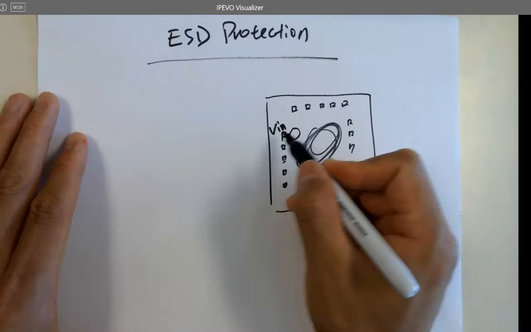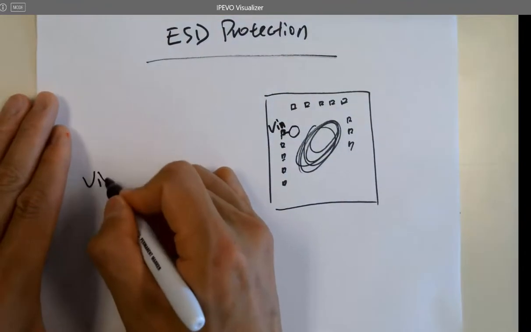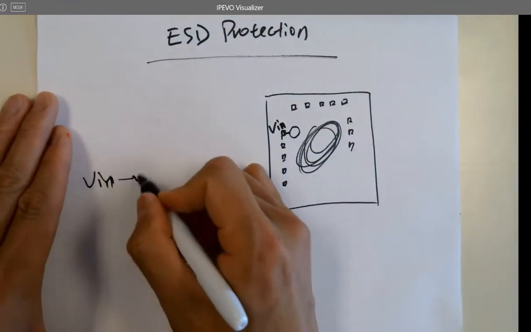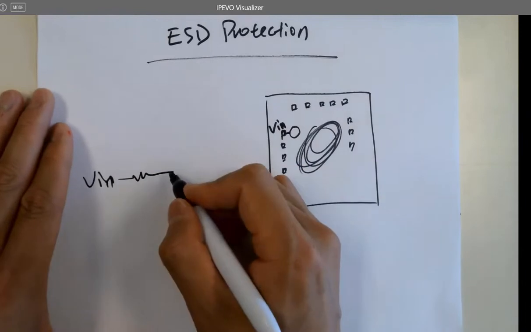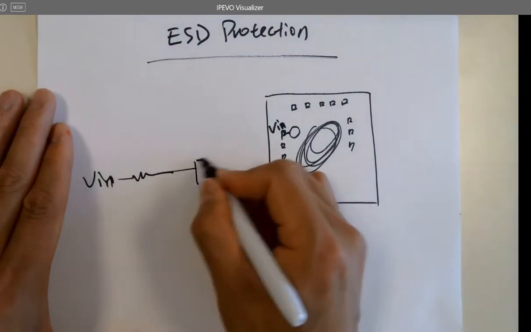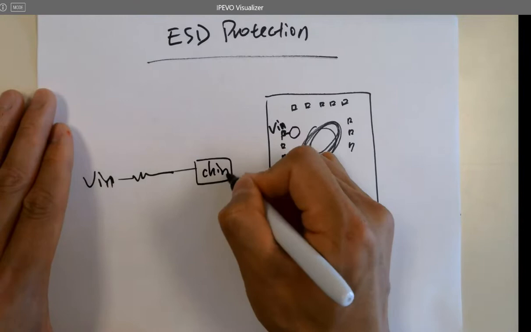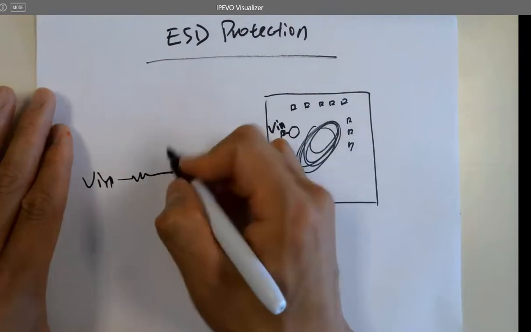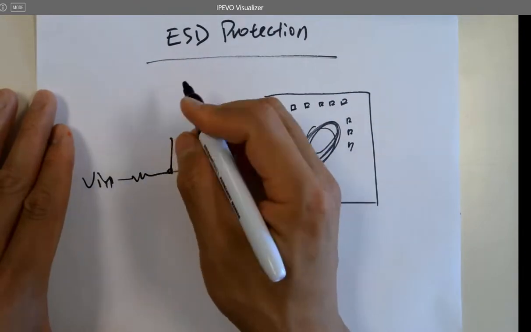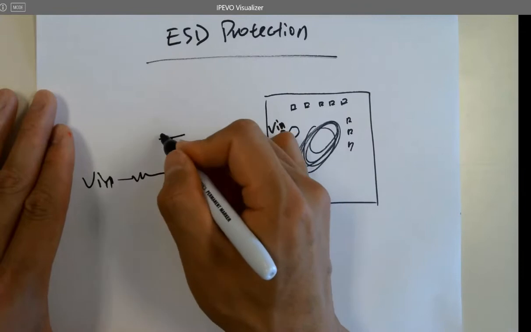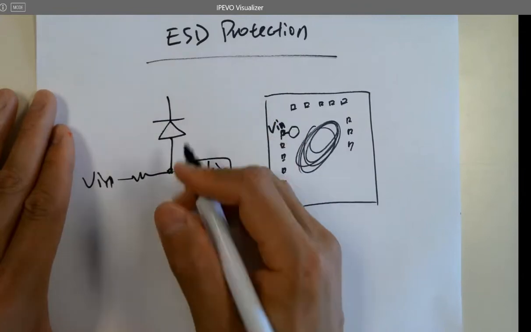If I model that, if I draw it here, like V in, and just model a little resistor here, and that's a chip, whatever is inside the chip. And you need the ESD diodes here to protect your circuit.